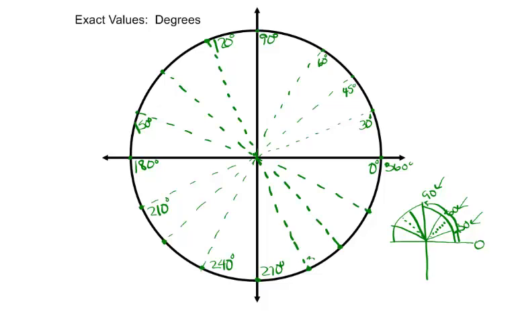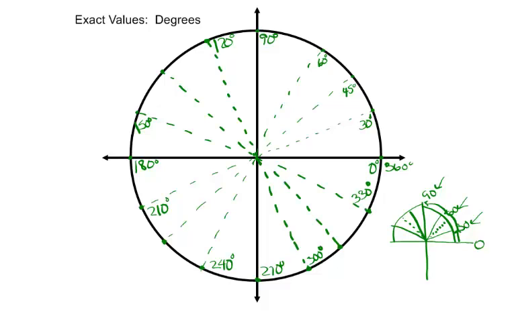Another 30 is 300. Another 30 is 330. And another 30 is 360. So it's not as difficult as you might think. And we'll do the same type of thing when we change from degrees to radians.